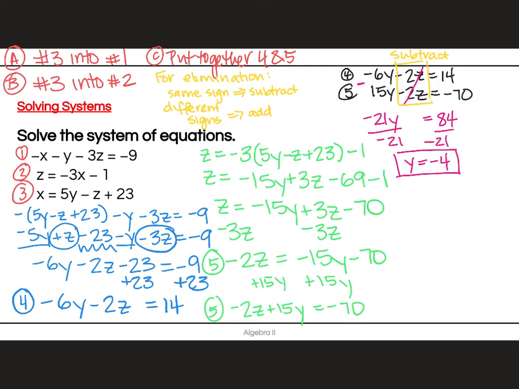So let's pick a different color. Let's see, we don't have anything that's like an orange color. All right, so now I'm going to pick number 4.